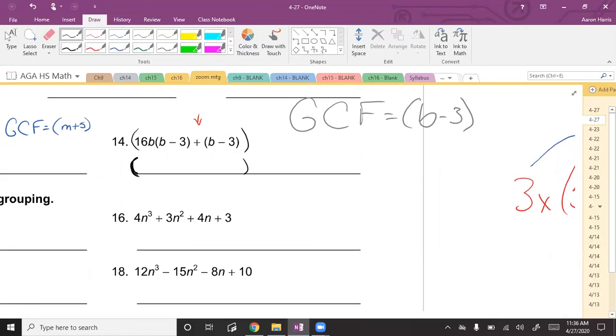Your GCF, right? So B minus 3. Good. So what do we do with that B minus 3 now? The word factor means to what?